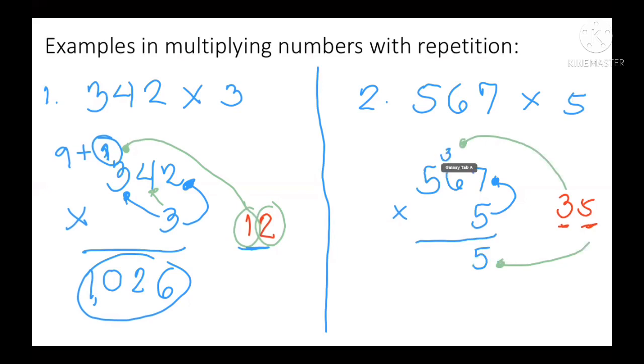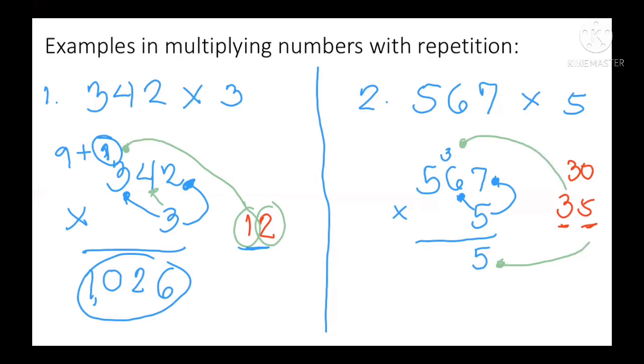Alright? Next, 5 times 6. 5 times 6, that is 30, right? So we will copy 30 here, and we will put 0 down here and the other 3 will go on the top of 5.